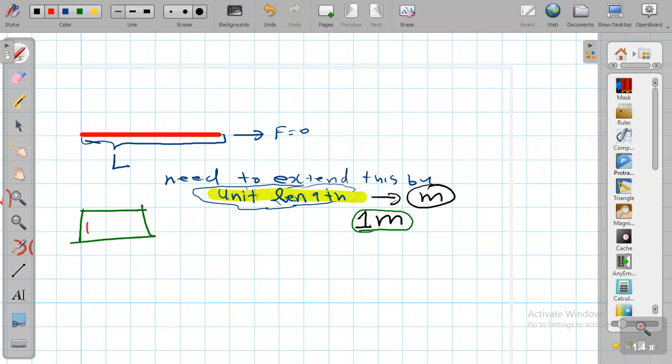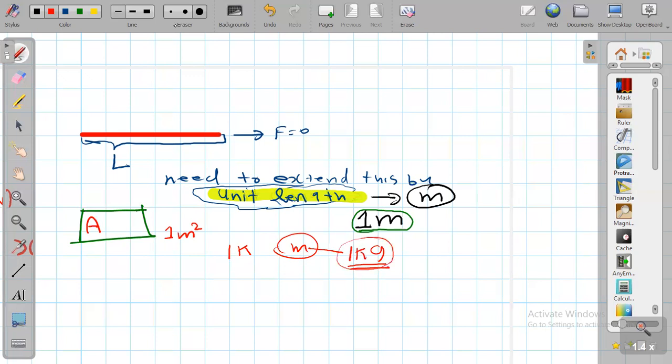That means 1 square meter, right? Unit temperature. What is it? 1 degree Kelvin. Unit mass. What is it? 1 kg. Lamai. When it says unit, always you need to take one of these.